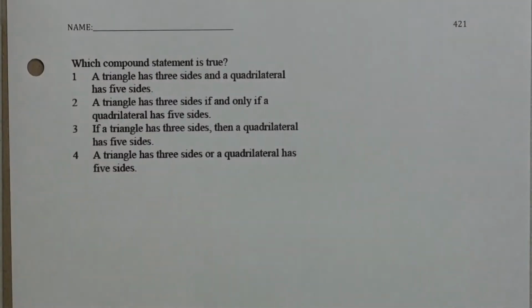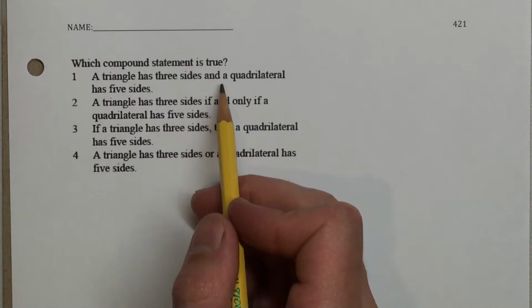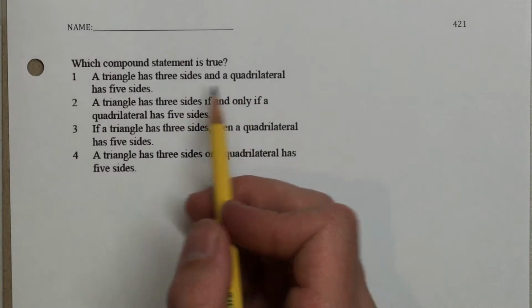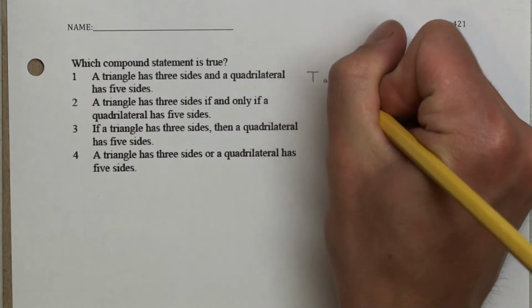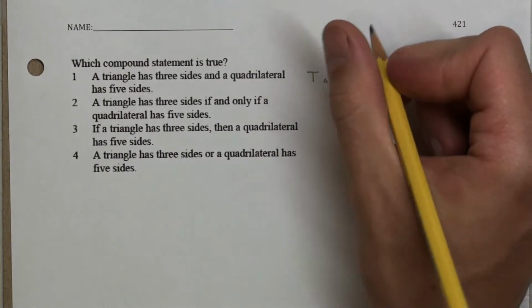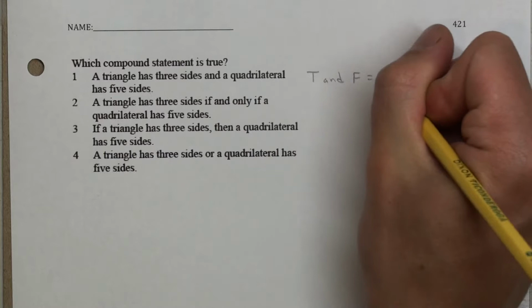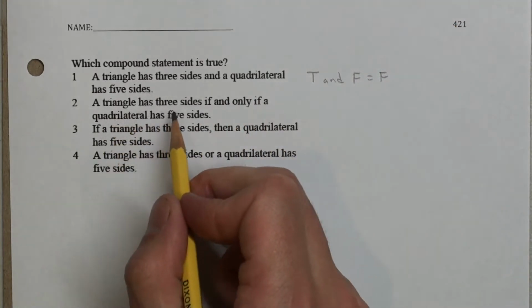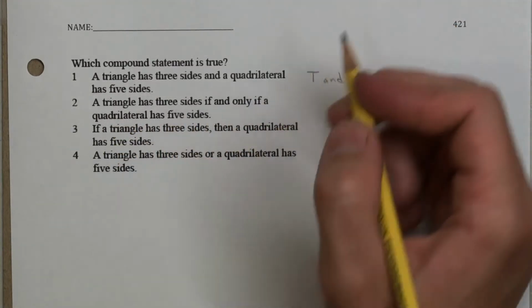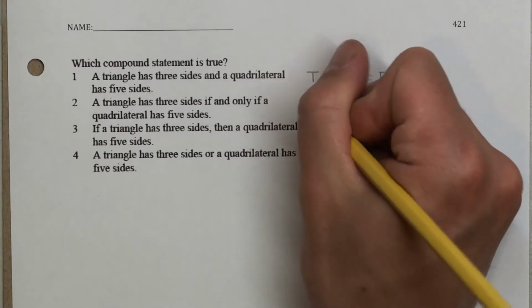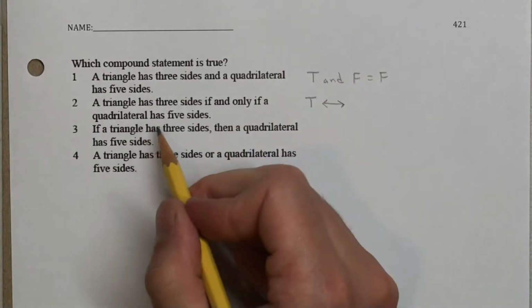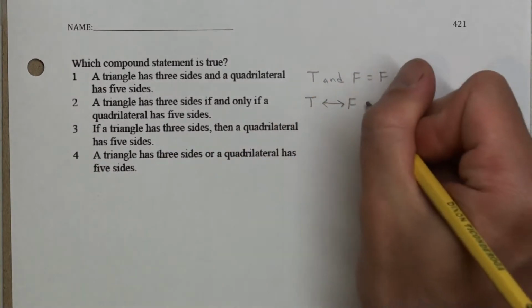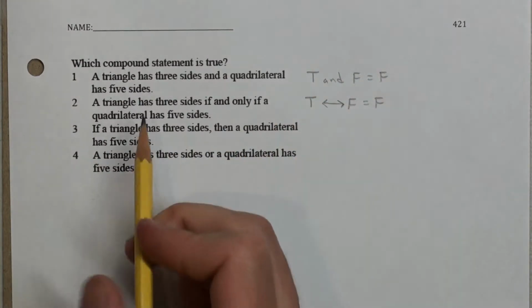Which compound statement is true? A triangle has 3 sides and a quadrilateral has 5 sides. So true and false equals false. A triangle has 3 sides if and only if a quadrilateral has 5 sides is false.